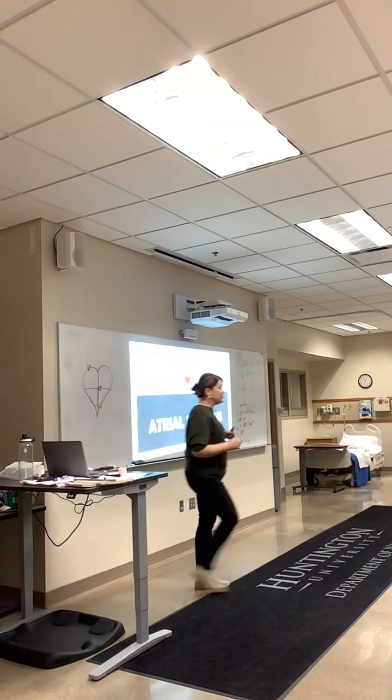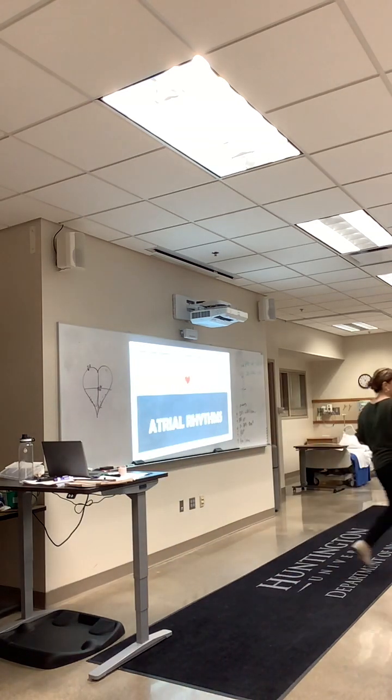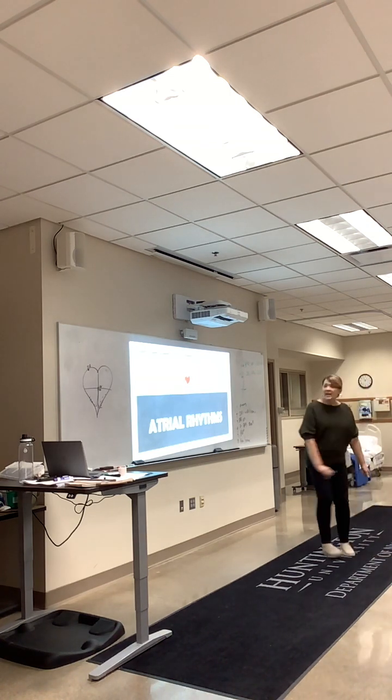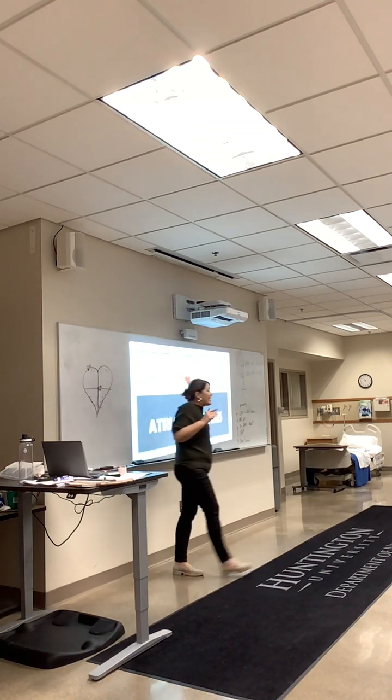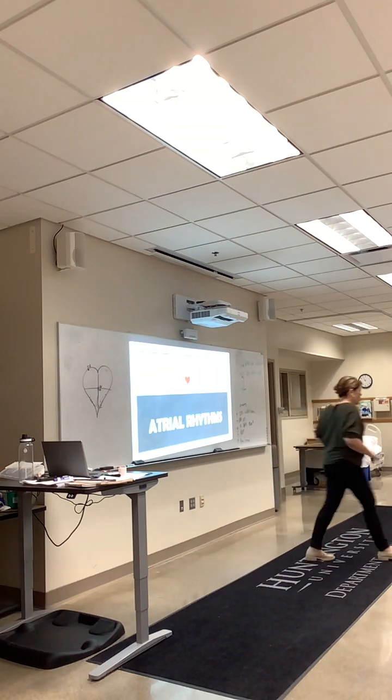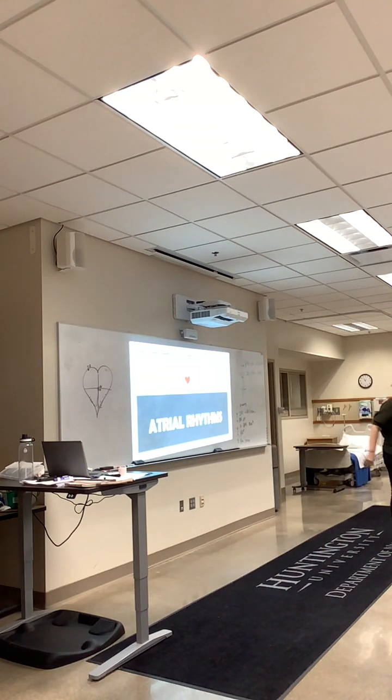When I'm talking atrial rhythms, it's just saying the rhythm came from somewhere in the atrium. It didn't necessarily start here. It can be the SA node, but it can be somewhere else. It's somewhere in the atrium the starter cell was. That's all it's saying.